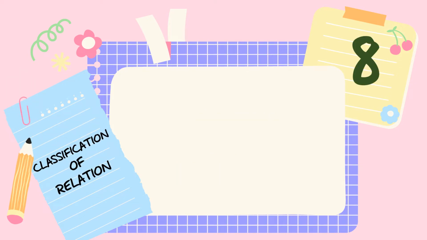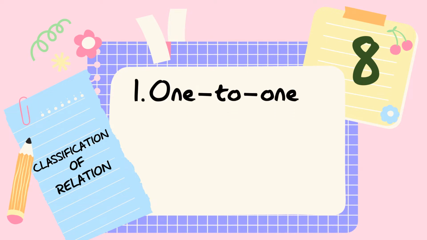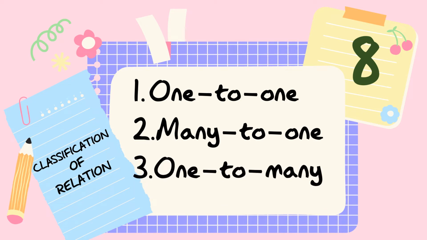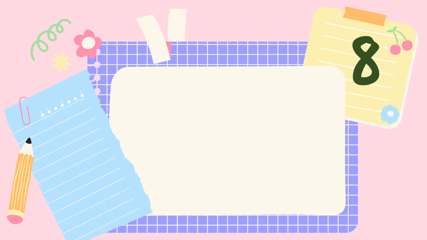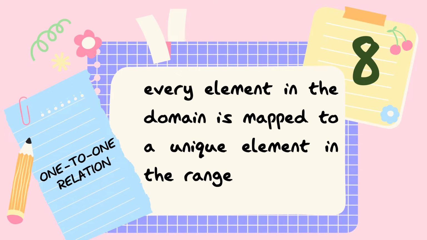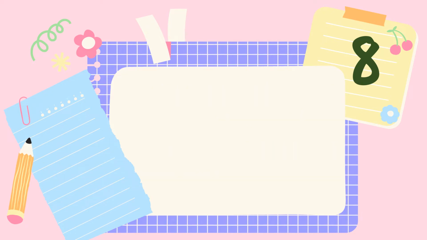Now we have different classifications of relation. We have the one-to-one relation, many-to-one relation, and the one-to-many relation. Let's differentiate each. One-to-one relation: every element in the domain is mapped to a unique element in the range.